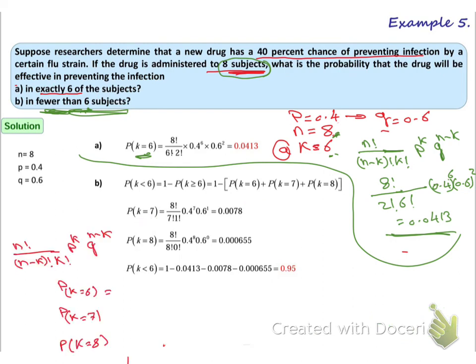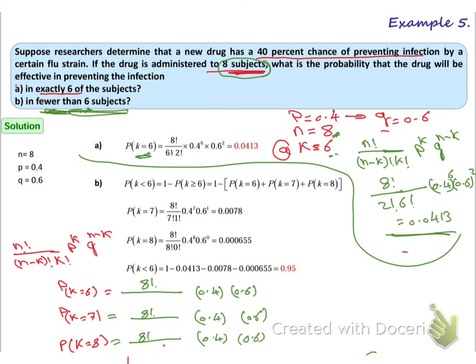Every time, the first term will be n factorial, and n will not be changed. So n will be 8, and each term starts with 8 factorial. p will not be changed: 0.4 to the power k, and 0.6 to the power n minus k.